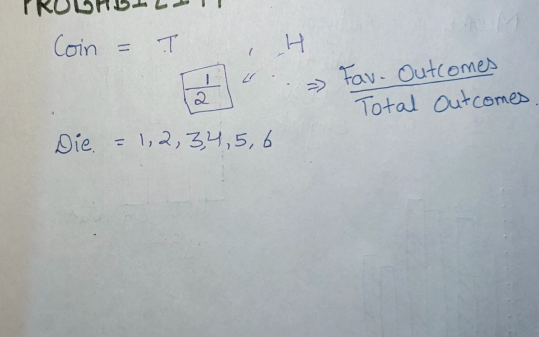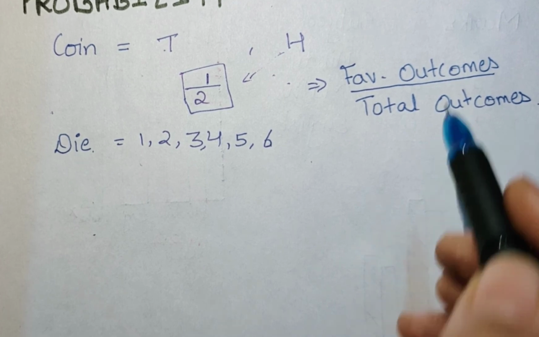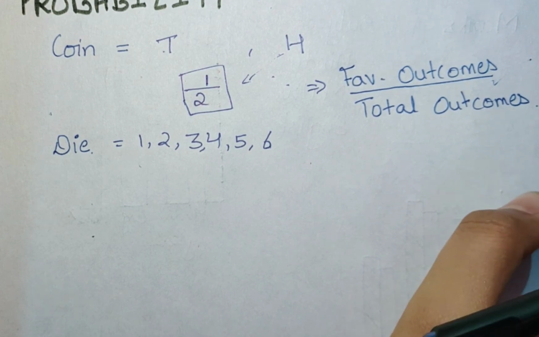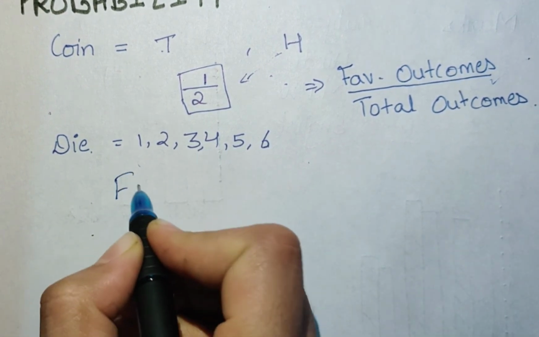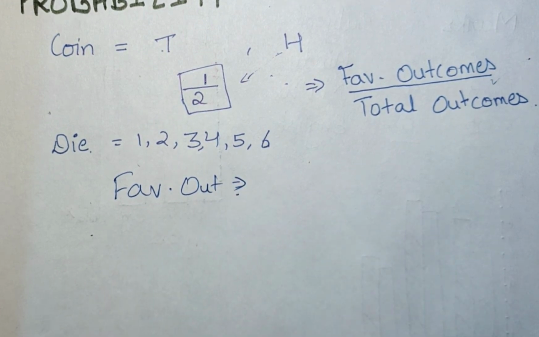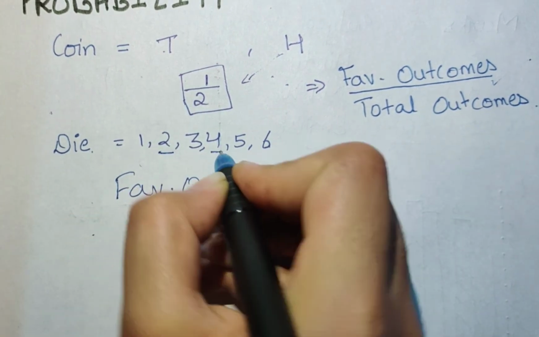Now let us understand more with the help of a die. Suppose you are playing Ludo with your friend. Now you said to her that if an even number comes, then she will give you a treat. Now how you will find what is the probability of even number? So we will use a formula, favorable outcomes upon total outcomes. So here favorable outcomes will be, you said to her if even number comes. So in your die there are three even numbers, that is 2, 4 and 6.